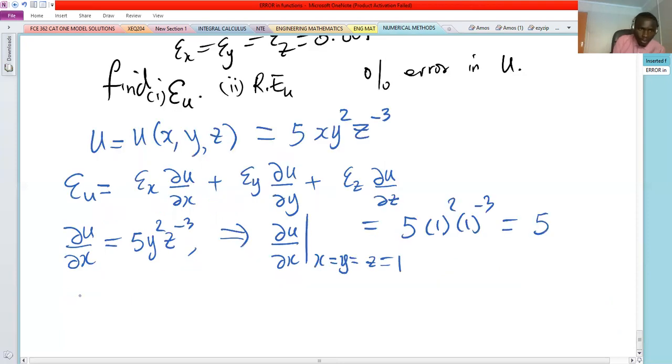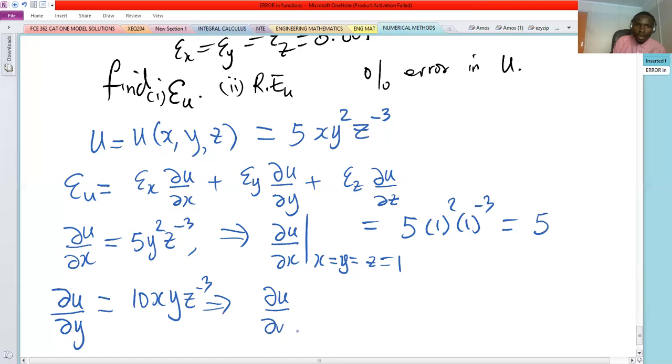And then partial u partial y will be 10xyz to the minus 3, which means that at x equals y equals z equals 1 it will be 10.